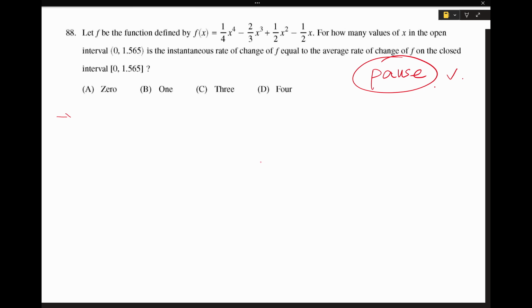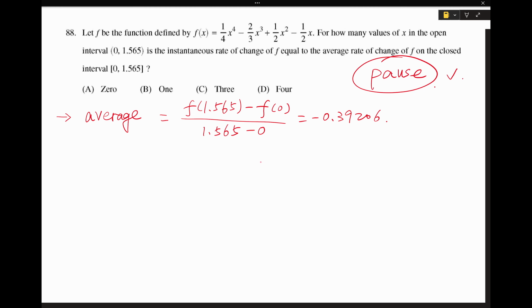Based on the information in the question, we know that the formula for the average rate of change of f should be equal to this value minus f(0) over 1.565 minus 0, which is equal to this number.